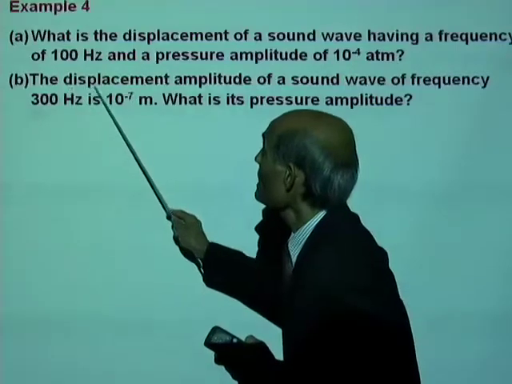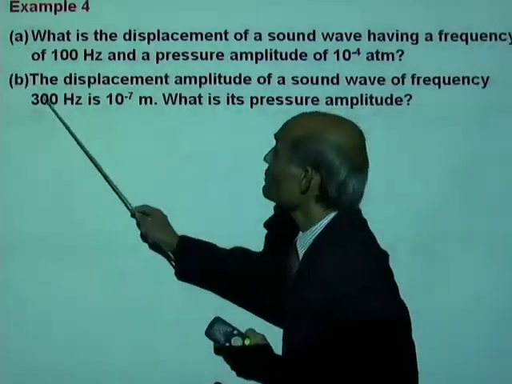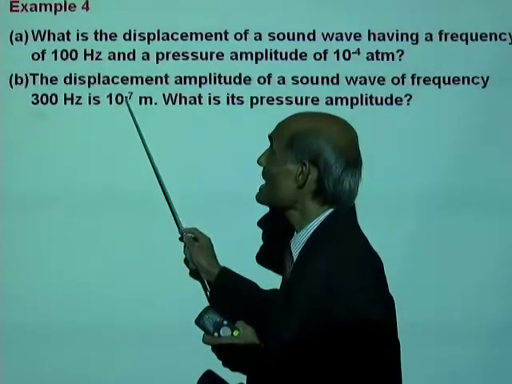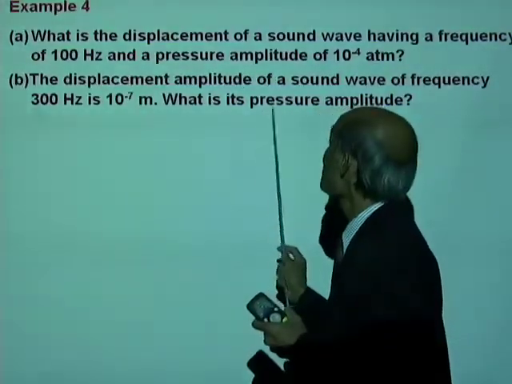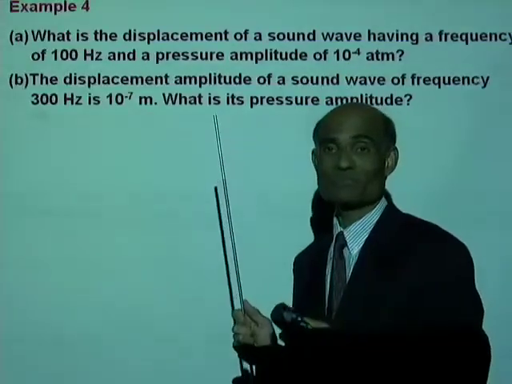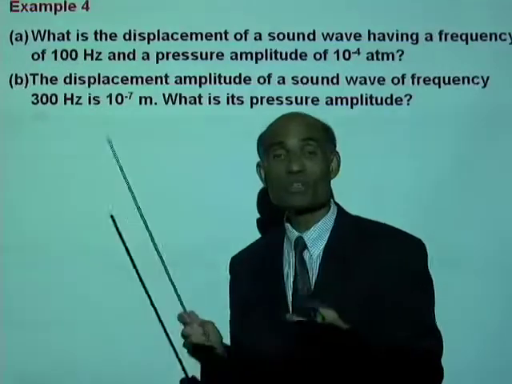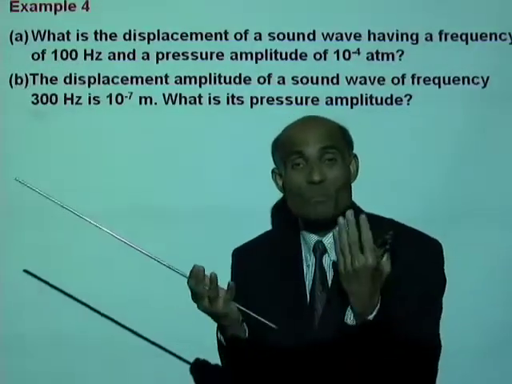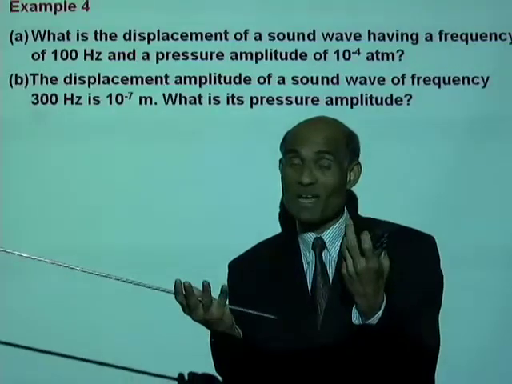And part B, the displacement amplitude of a sound wave of frequency 300 Hertz is 10 to the power of -7 meter. What is its pressure amplitude? Alright, so both these are using the relation between pressure amplitude and displacement amplitude.